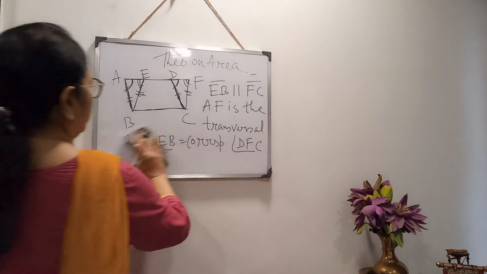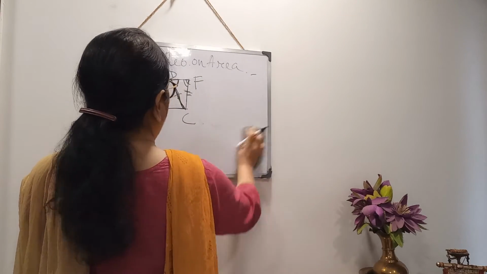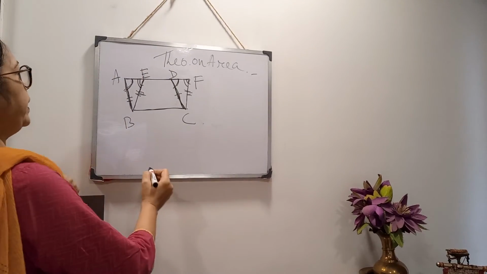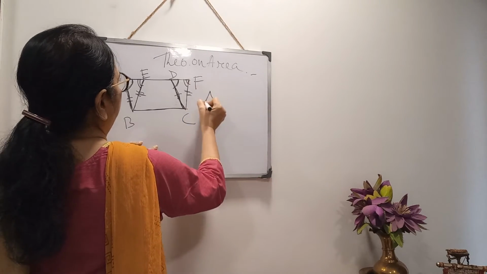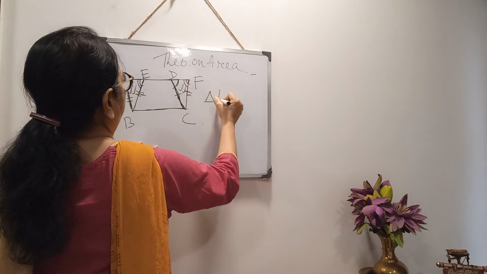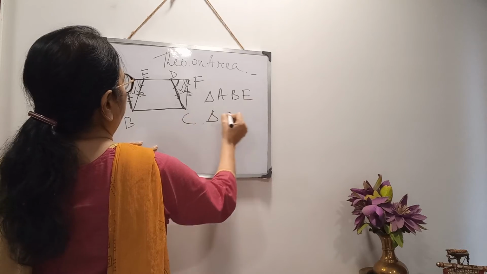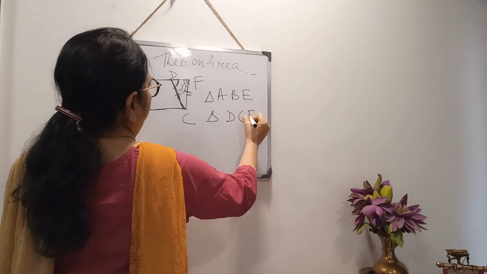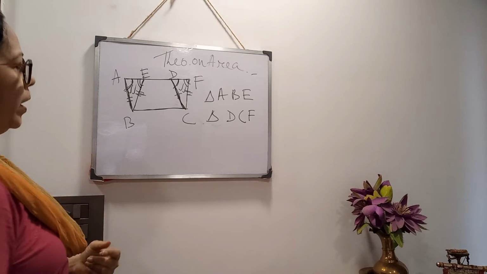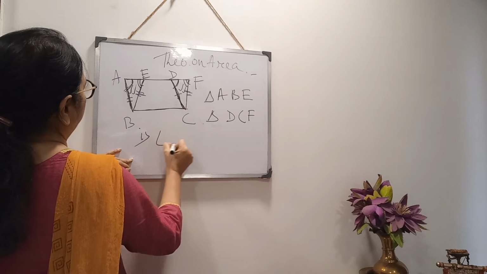Now my next point. Now we will take the triangle ABE and triangle DCF. Now we will prove that these two triangles are congruent. Now in these two triangles, number one, what have we got?